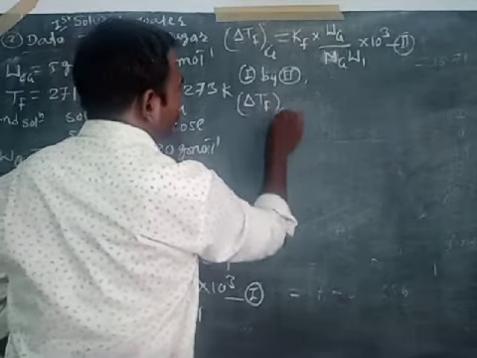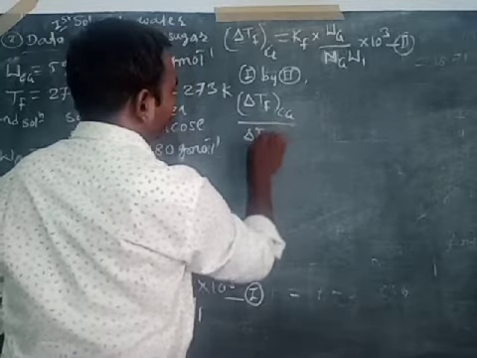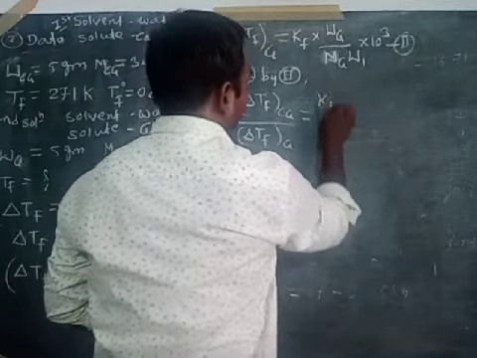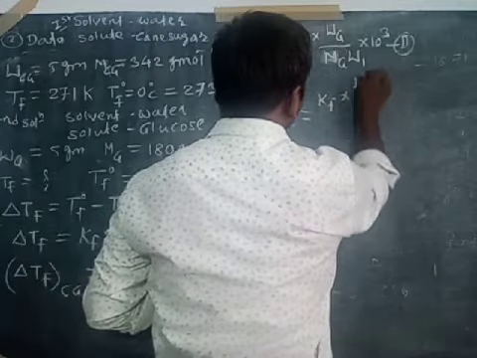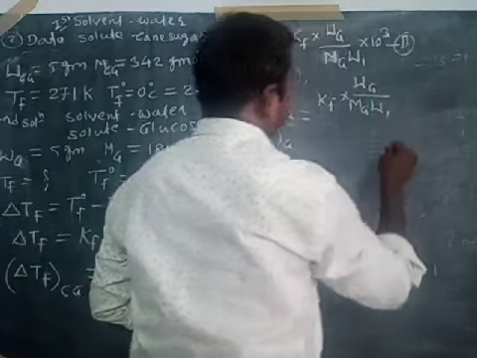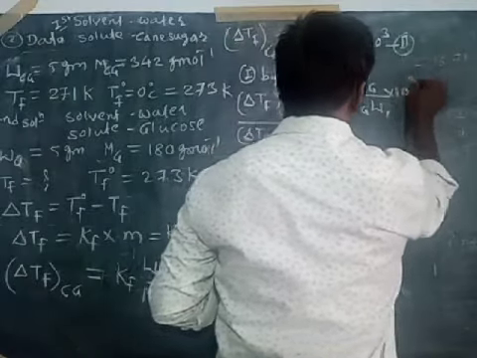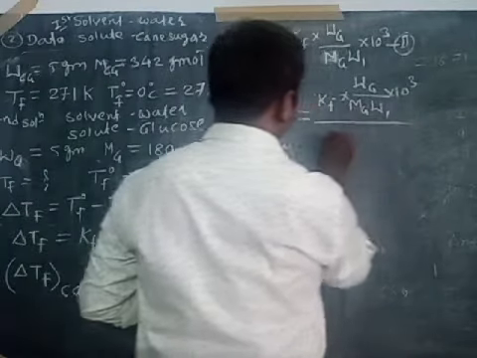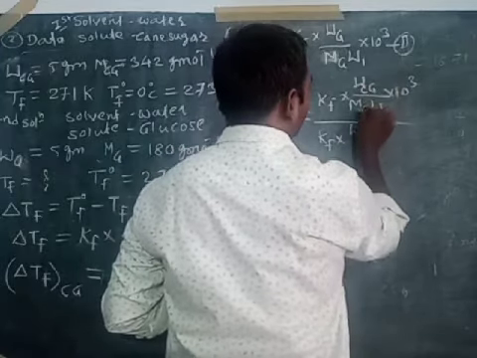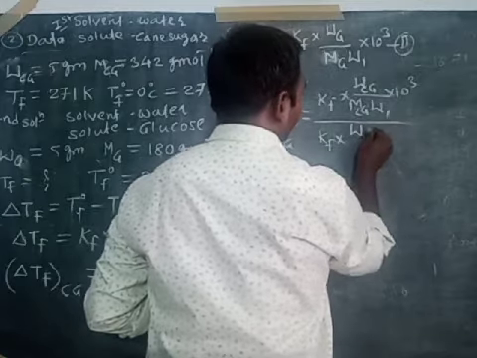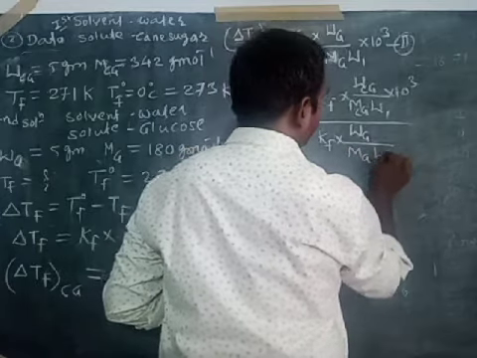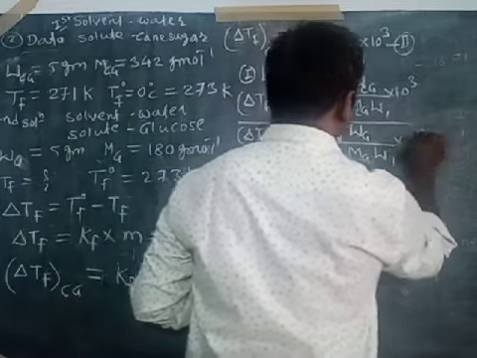Delta TF of Cg upon delta TF of g is equal to KF into WCg upon MCg into W1 into 10 to the power 3, divided by KF into Wg upon Mg into W1 into 10 to the power 3.